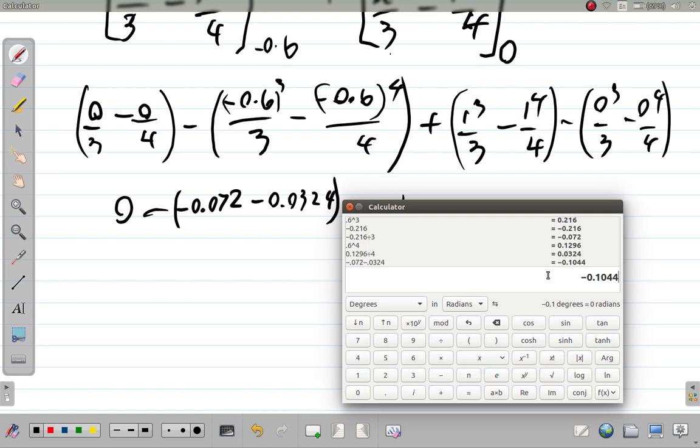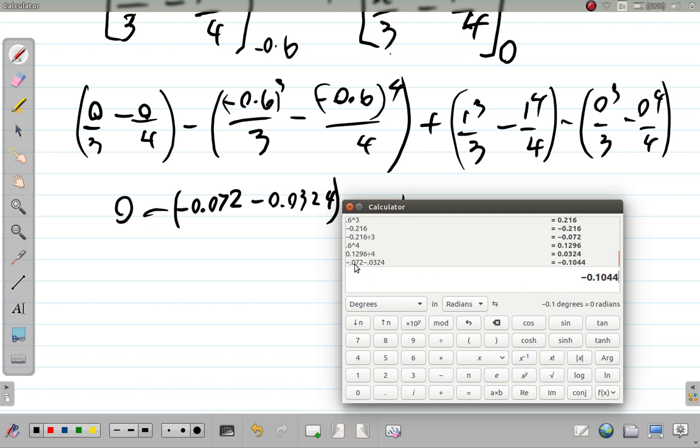Now you have a minus negative this. So when you write this down, it will turn it into a positive.